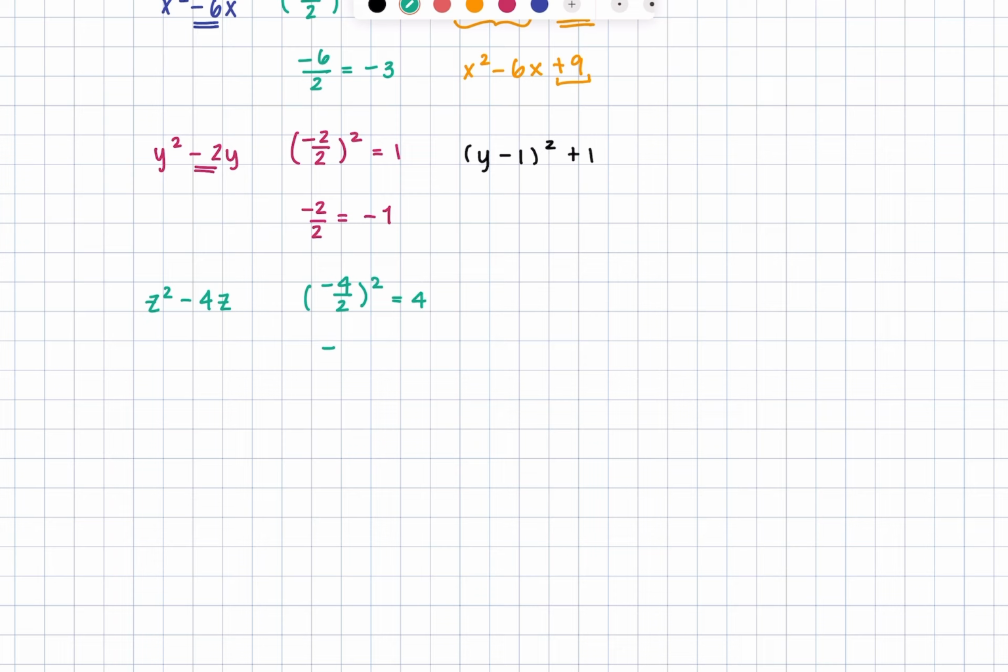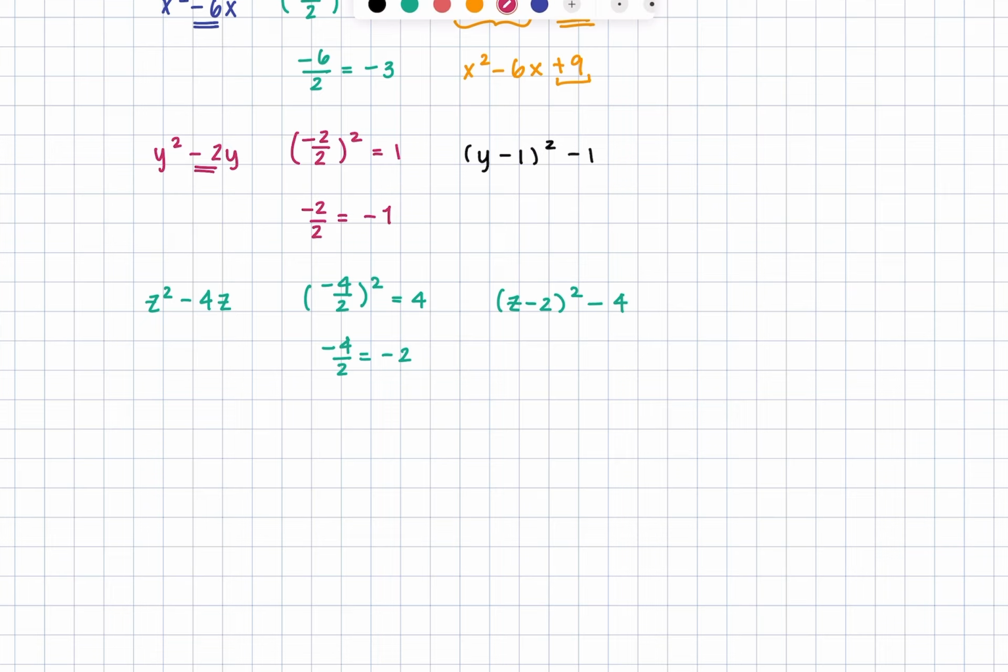And then negative 4 divided by 2 gives me negative 2, and this is the number that goes inside the parentheses with z. So z minus 2 squared minus 4. Oh, and I'm sorry, this should be minus 1 up here.